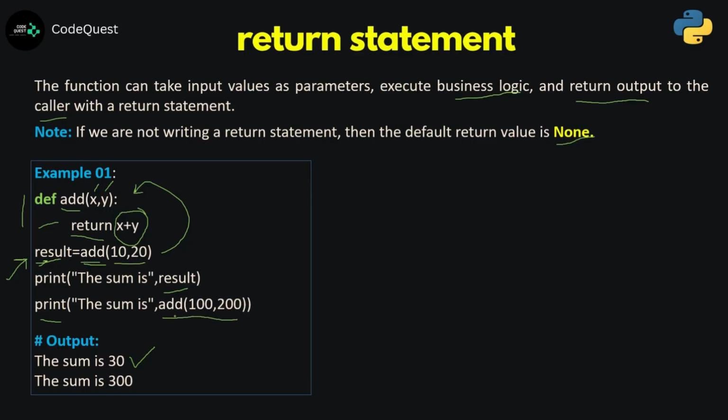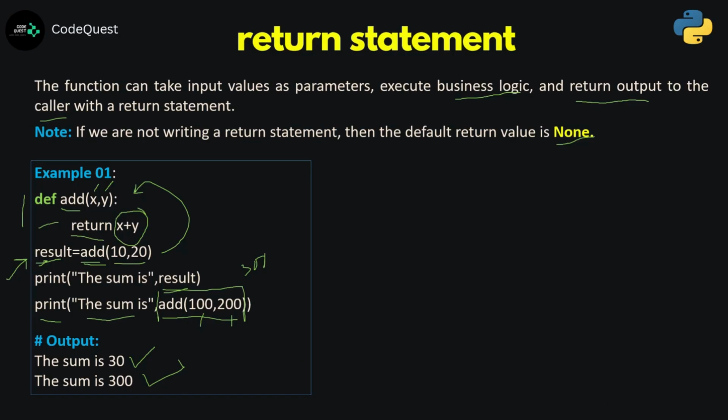Now, as I'm calling the add function with two values, that is 100 and 200, obviously the x and y values are going to be 100 and 200. Now, how much does it return? Return x plus y, that is 100 plus 200. So this call is going to result as 300. So as a result, we are going to get a message like the sum is 300.